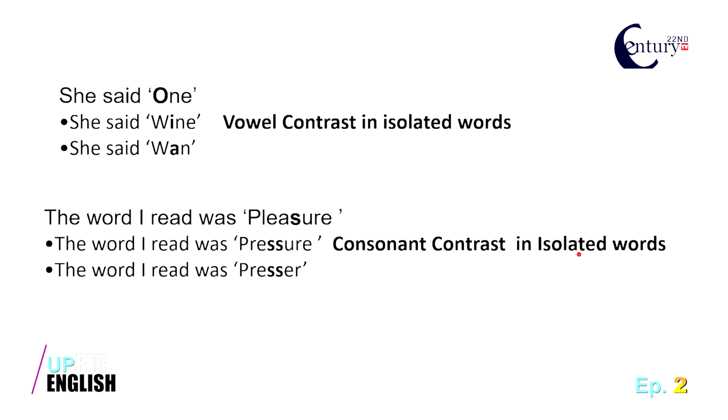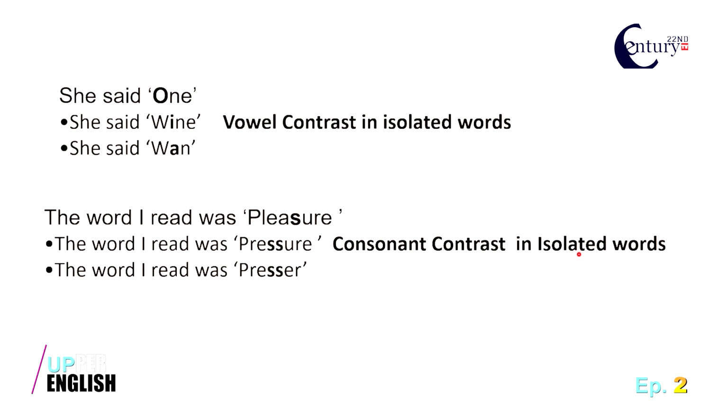The word I read was pleasure. You can see, the word I read was pressure. P-R-E-S-S-U-R-E is not pressure, it's pressure. And the word I read was presser. And that's the difference.